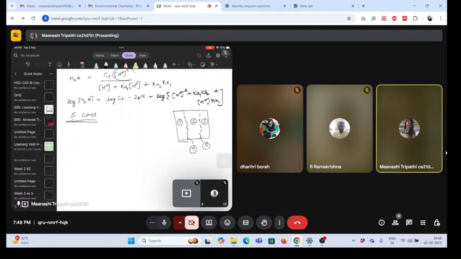So let's say case 1. Case 1 is Ka2 is less than Ka1, which is less than H plus. What does this mean? pKa2 is greater than pKa1 and pKa1 is greater than pH. So when we use this case in this particular equation, what will happen?